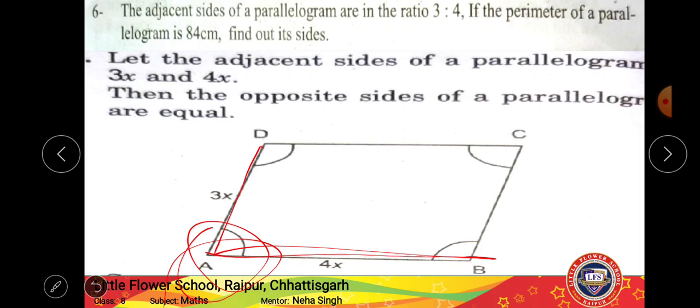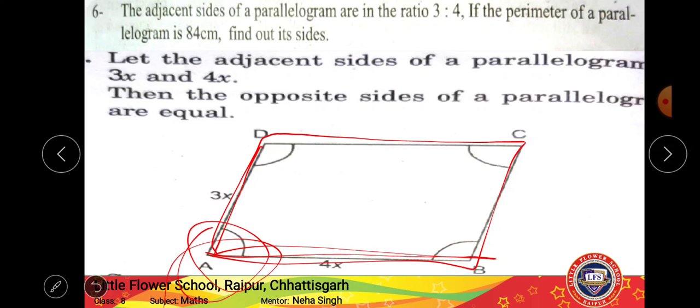If the perimeter of the parallelogram is 84, perimeter means the sum of all the sides, right? Now you have to find the sides. Since the ratio is given as 3:4, we will take the sides as 3x and 4x.